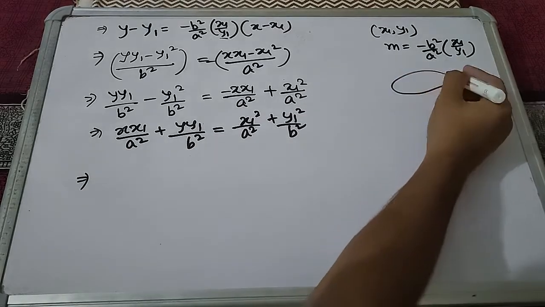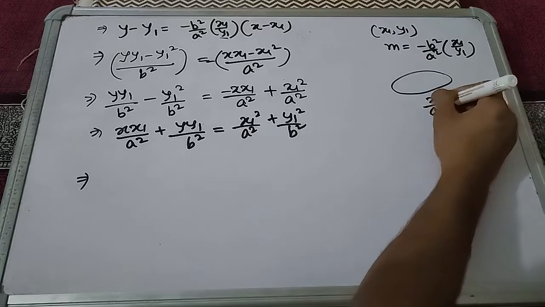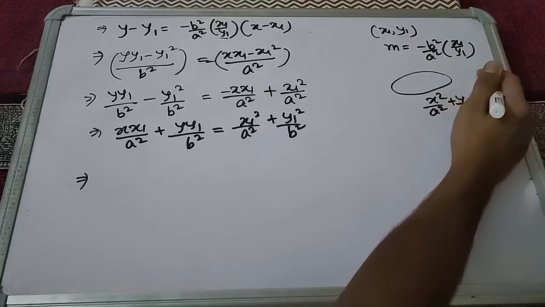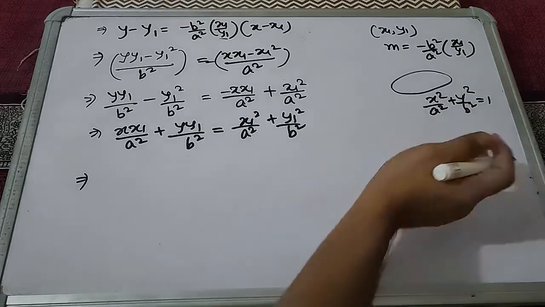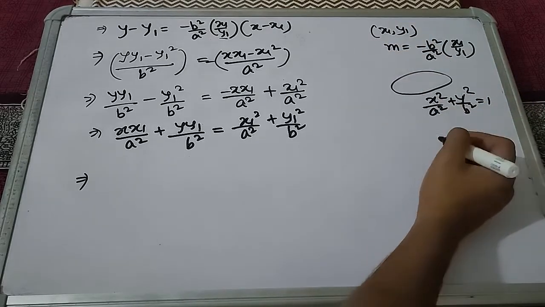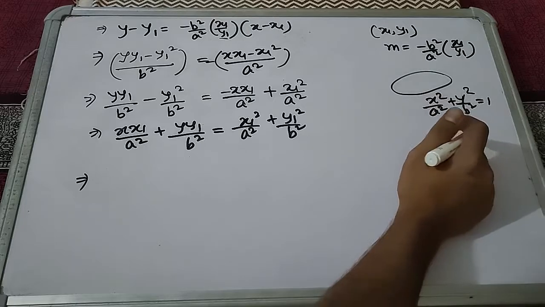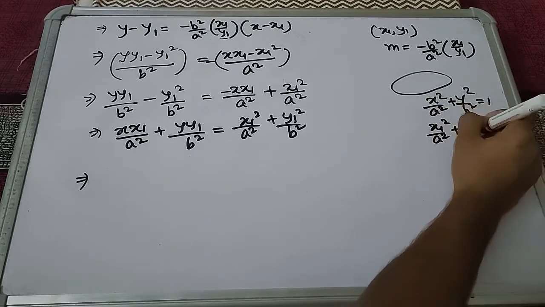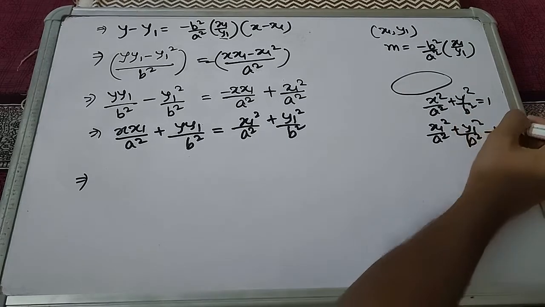As the equation of the ellipse was x square by a square plus y square by b square equals to 1, right, and x1 y1 satisfied the curve. Therefore, x1 square by a square plus y1 square by b square minus 1 equals to 0.